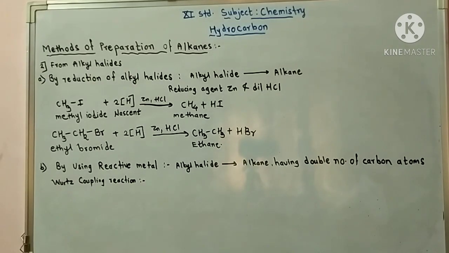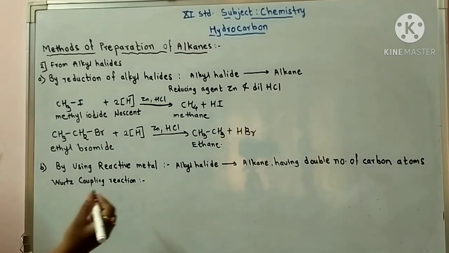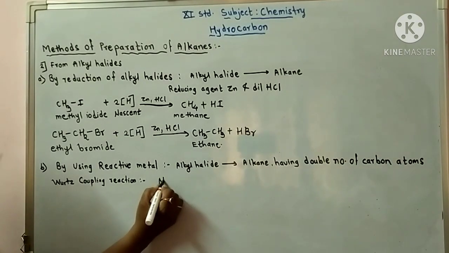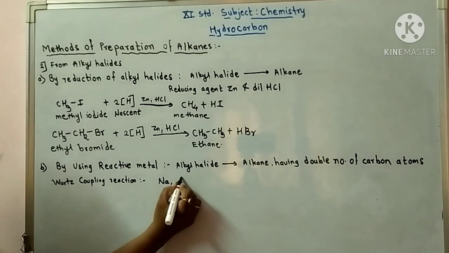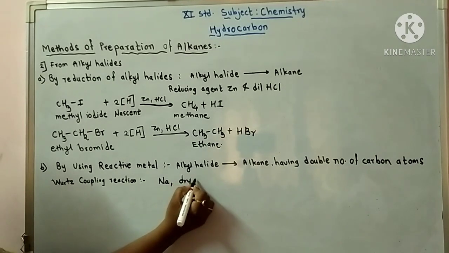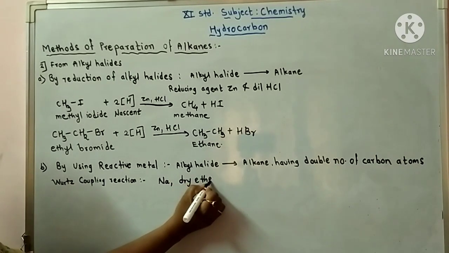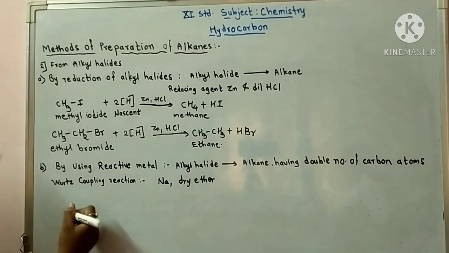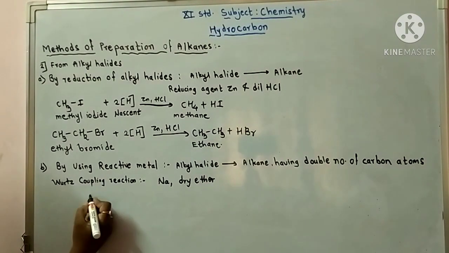In this, sodium metal is used and the reaction condition is dry ether. So let's see one example. A reactive metal like sodium is used, and dry ether is used as a solvent as a reaction condition.